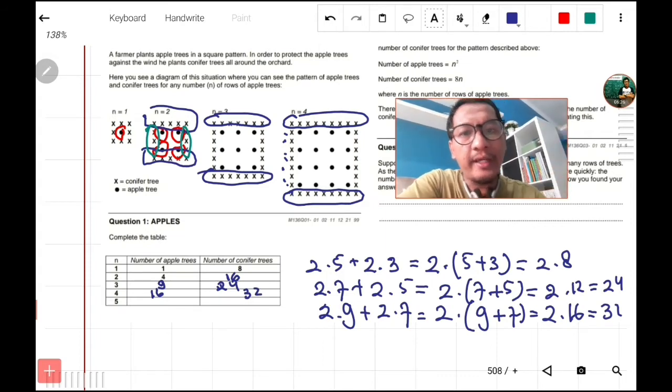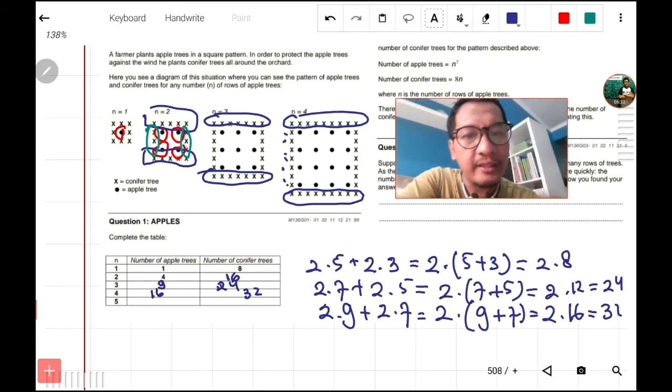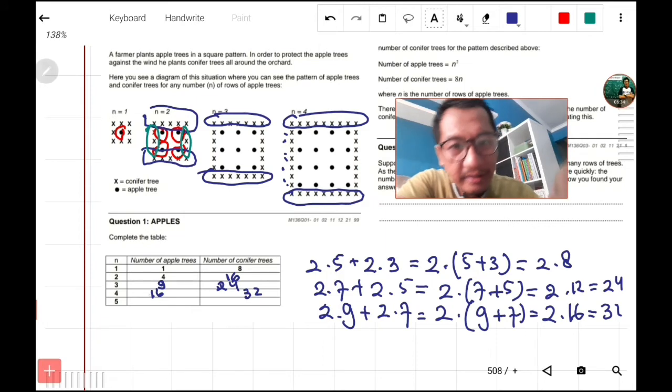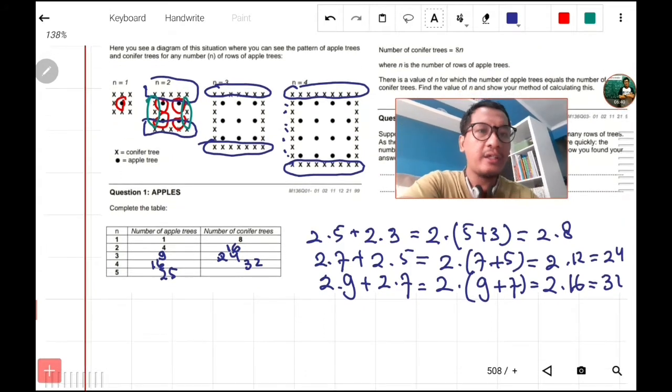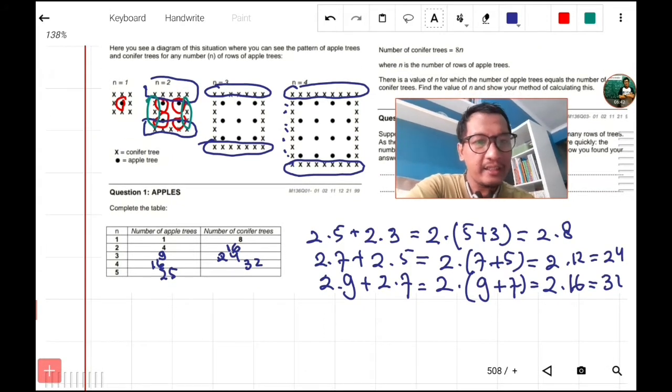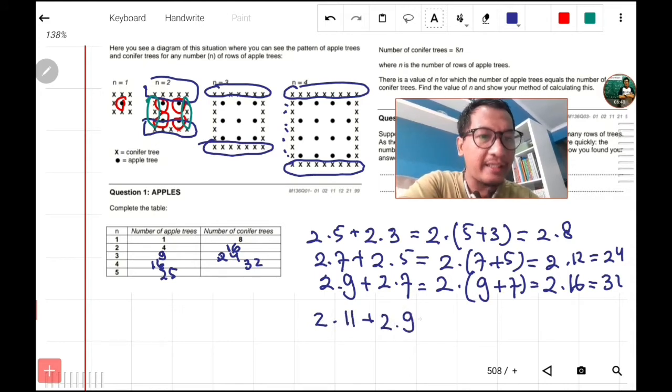And when n is 5, the number of apple trees is 5 squared, or 25. Can you guess the number of conifer trees? It's 2 times 11 plus 2 times 9.